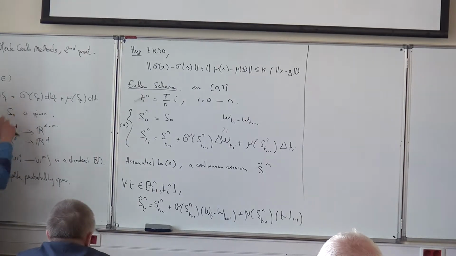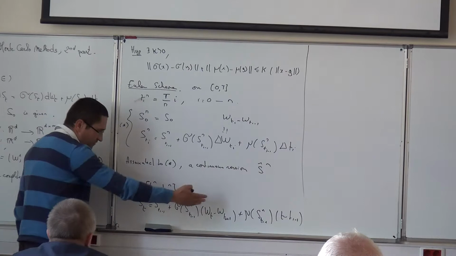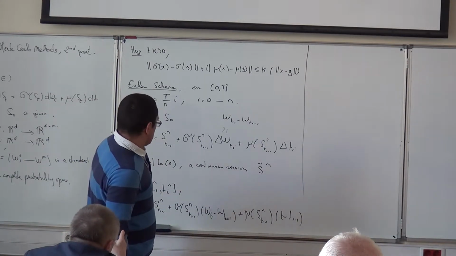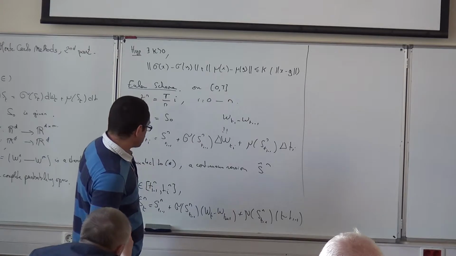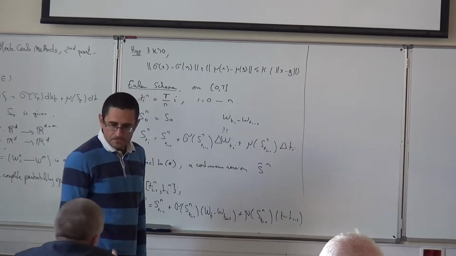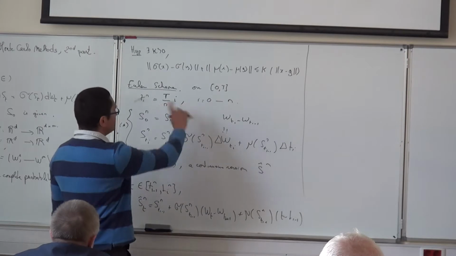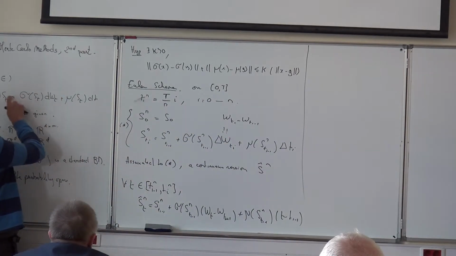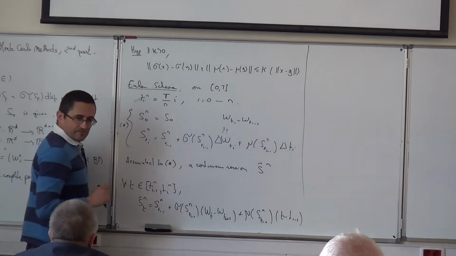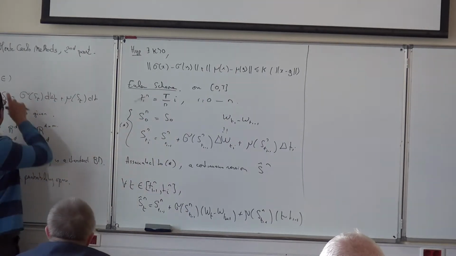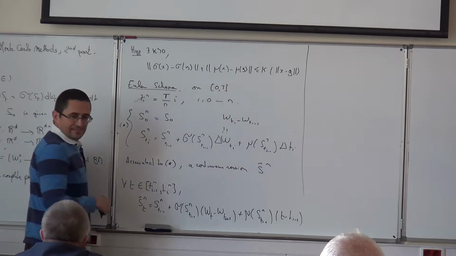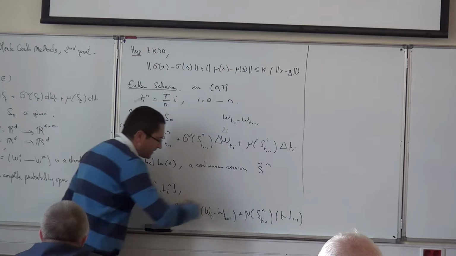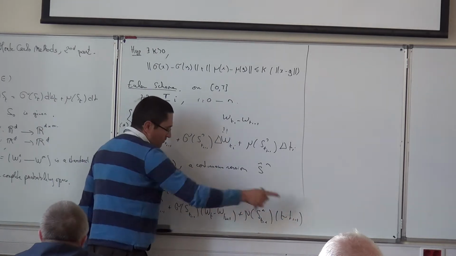To show this, we use that S hat at points t_i coincides with S^n exactly at each discrete time. So when you want to compare S with S^n, we can precisely compare S to S hat n. And this is very convenient because this one is continuous.